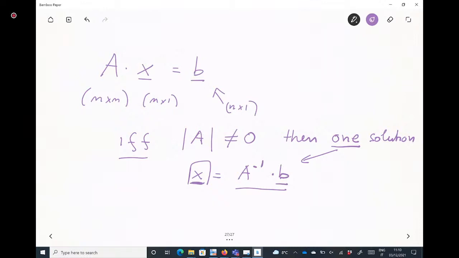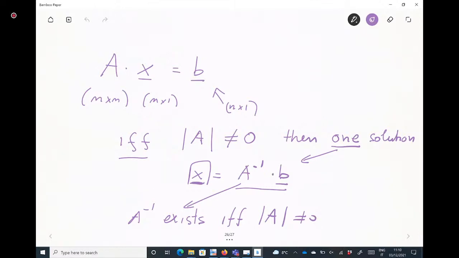If you remember the structure of matrix A inverse in the two-dimensional case, you understand that it exists if and only if the determinant is different from 0, because the inverse has the determinant in the denominator.